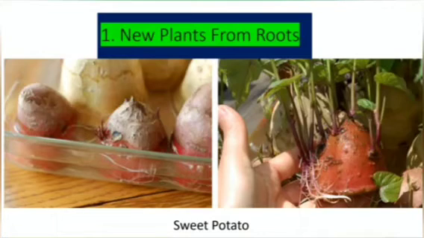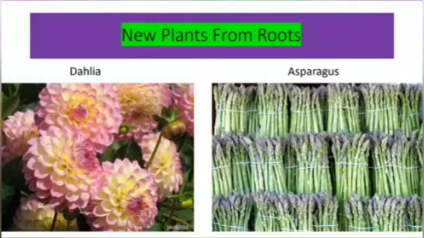Soon, a small plant grows out of it. Here we see the roots of a plant producing a young plant. Plants like dahlia and asparagus also reproduce through their roots.